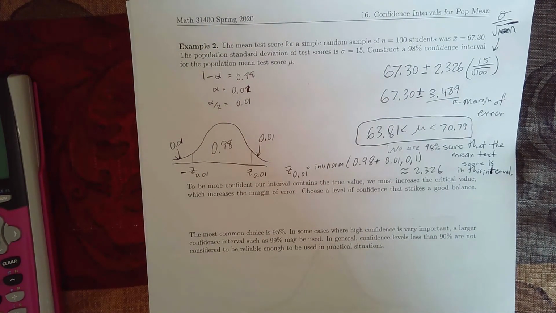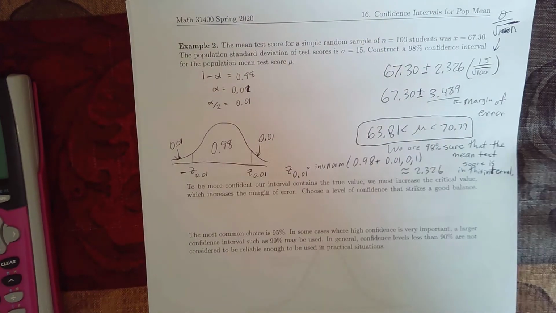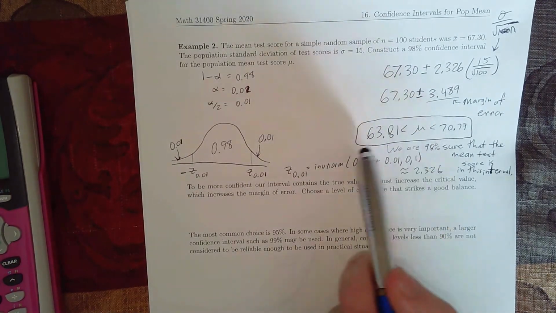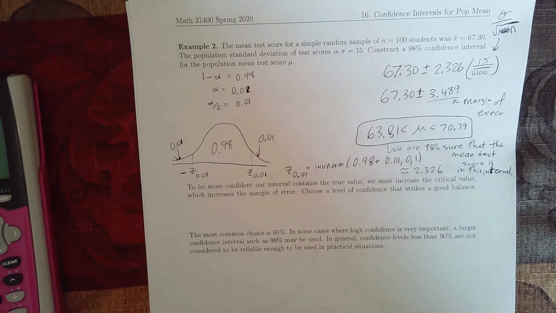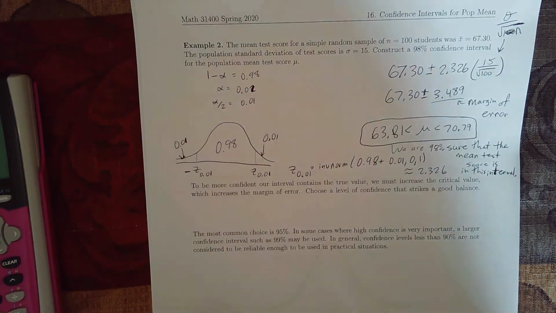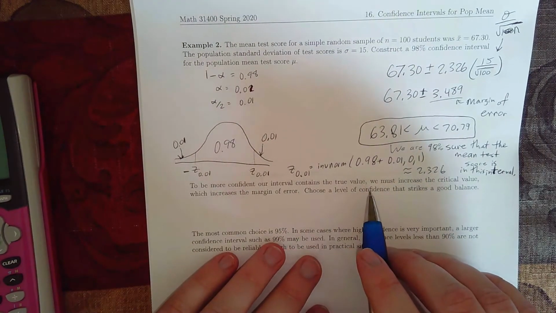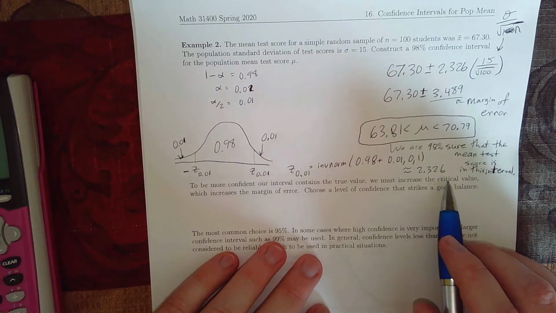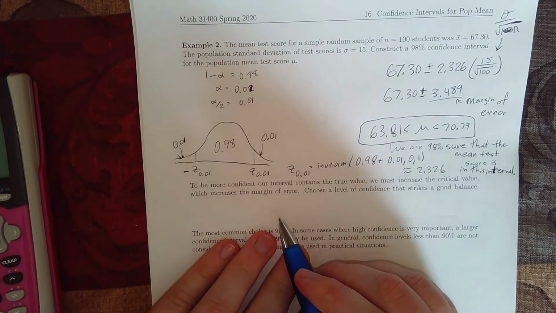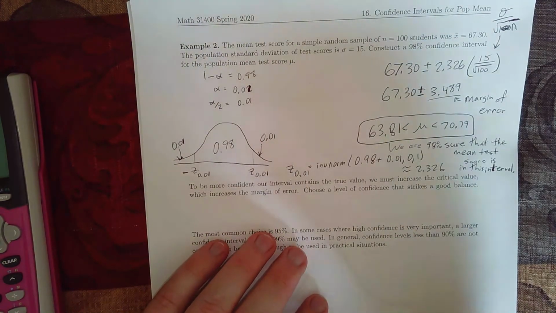Now, the nice thing is that we're 98% sure we're in this. This isn't too bad of a range, somewhere between 7% or so, one way or the other. This is decently narrow. If we want to be more confident that our interval contains the true value, we have to increase our critical value, which increases our margin of error. So we have kind of a little bit of a Goldilocks situation here.